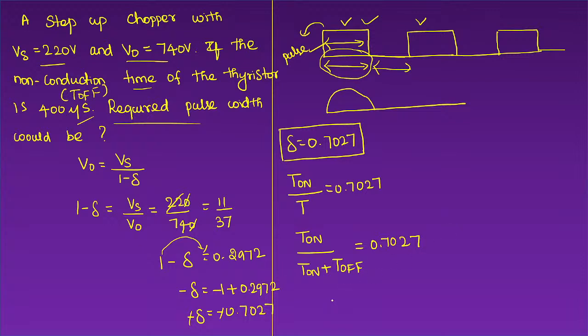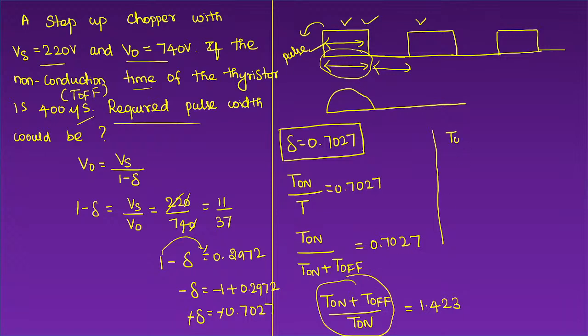Now if I take reciprocal on both sides, it can be further written as T on plus T off over T on, and the reciprocal value will be giving you 1.4230.